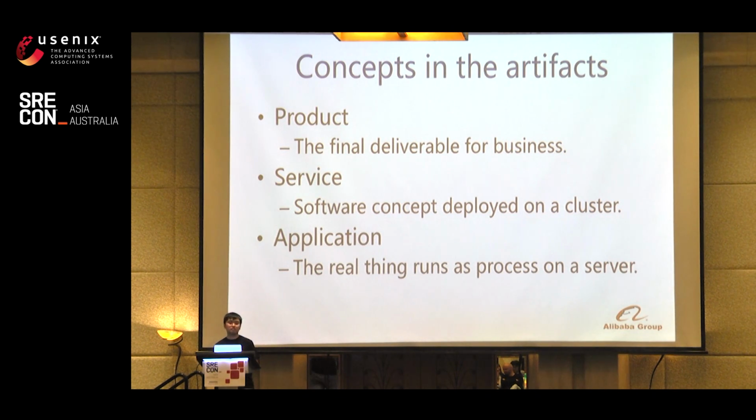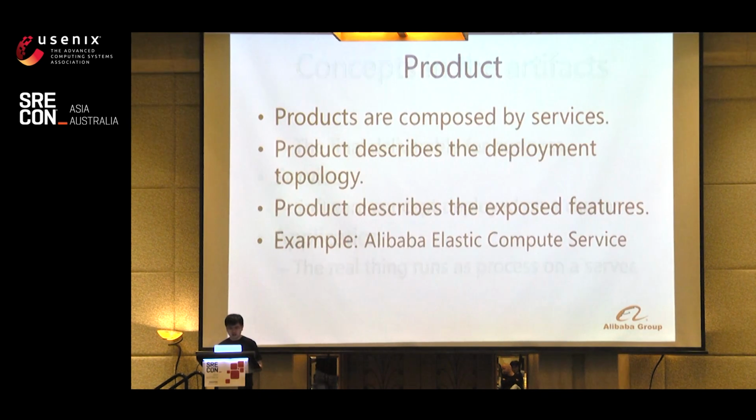But if we provide a web service, we might model it as a service, and we model Tomcat itself as the application. So that's the concept we have. Let's dive into each concept.